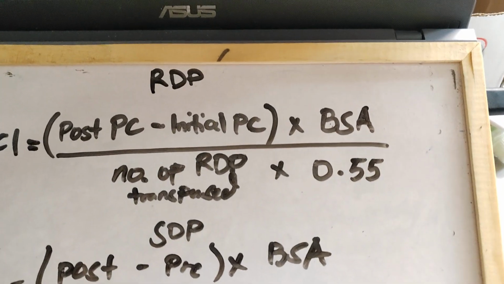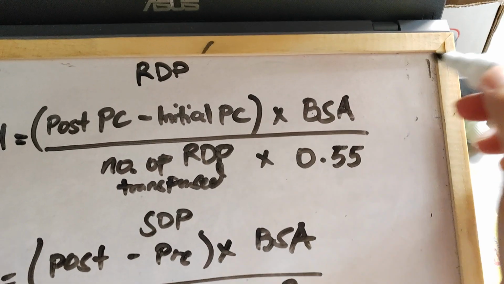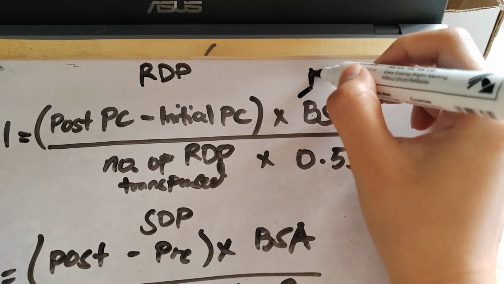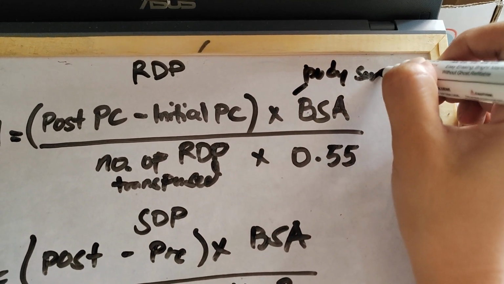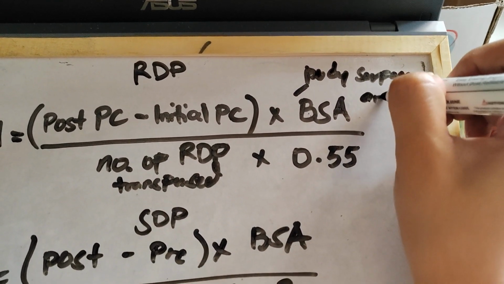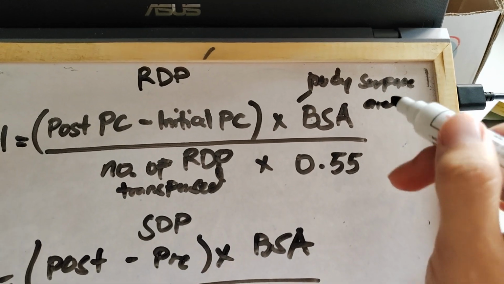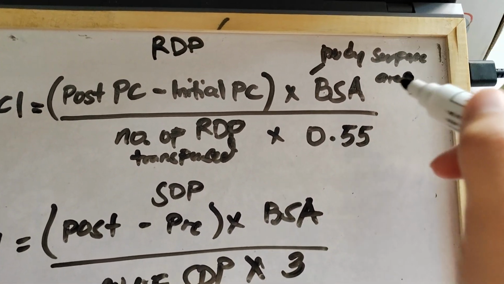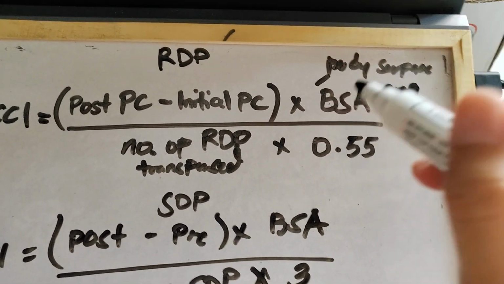BSA stands for body surface area. This is given, depending on the patient's body surface.